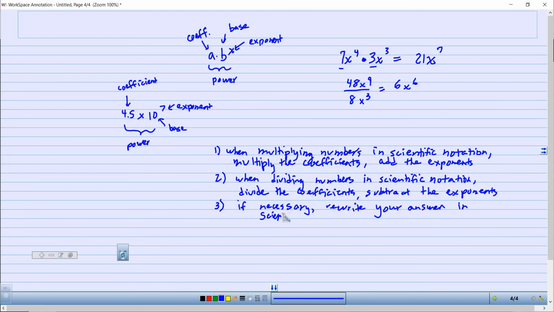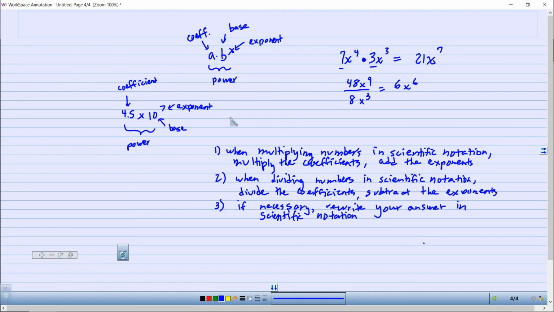Because sometimes, in fact very often, when you multiply or divide, you're going to get a coefficient that is not greater than or equal to 1 and less than 10. And then your answer will not be in scientific notation. And the instructions pretty much always say, write your answer in scientific notation.